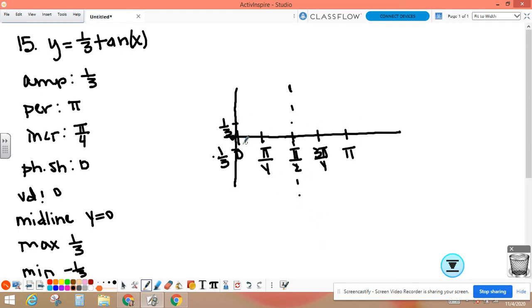So you're always going to have these outside points at 0, or if you have a vertical displacement, wherever that midline moved to. Your next point is going to be at your high point, because they're normally at 1 and negative 1. But in this case, we've kind of condensed it. And so those are going to be at 1/3 and negative 1/3. So we get the up part of the curve here, and we get the down part of the curve here. You can draw these extra little pieces saying that you know what's going to happen. I'm not going to take off points whether you do or you don't.